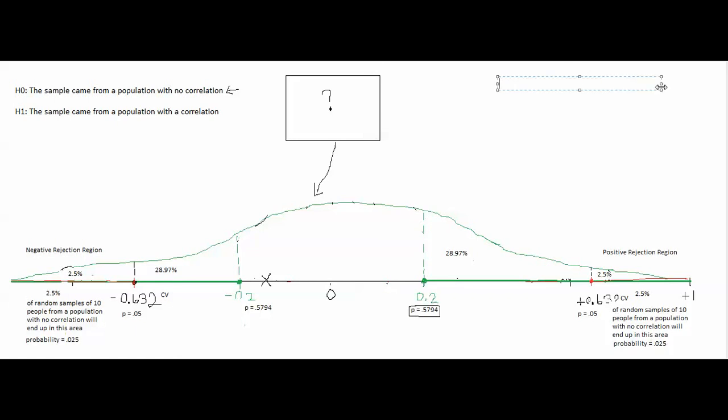So the sample correlation coefficient lands between the two critical values and does not fall in one of the two rejection regions.